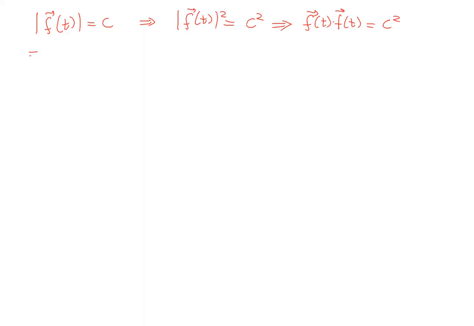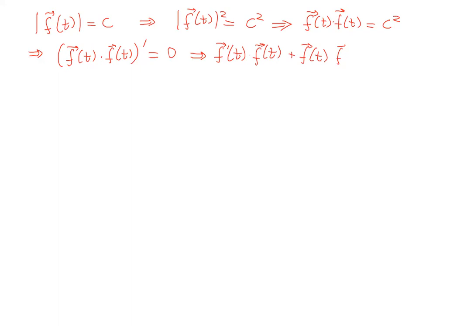And so if we take the derivative, we'll get 0, which means that the derivative dot the function plus the function dot the derivative is 0.